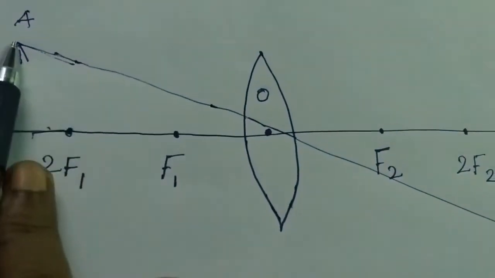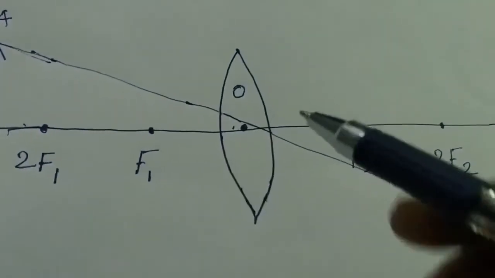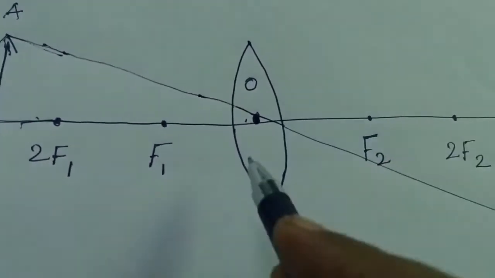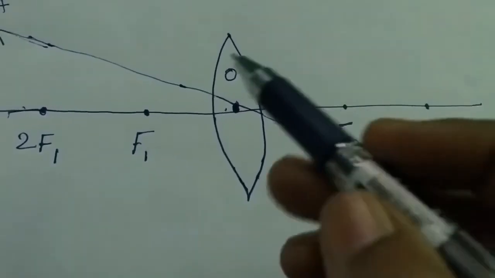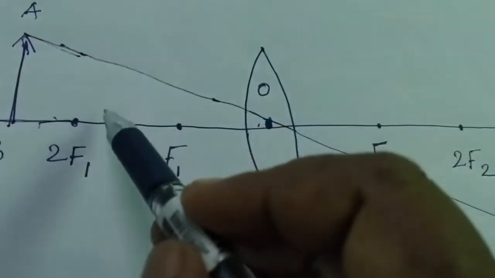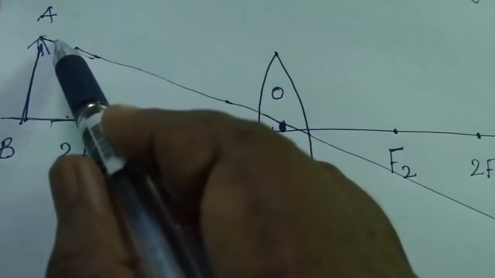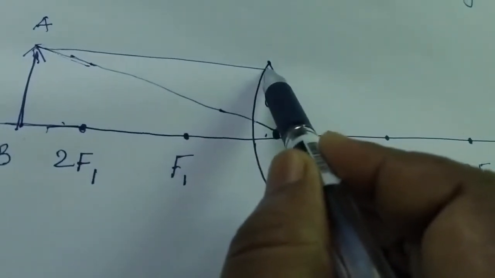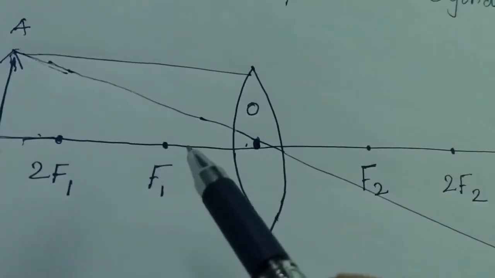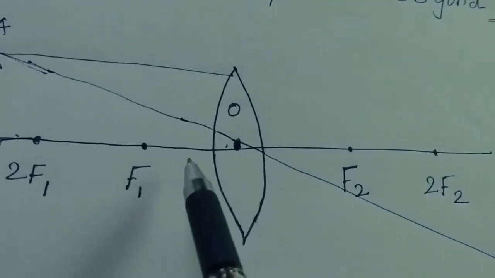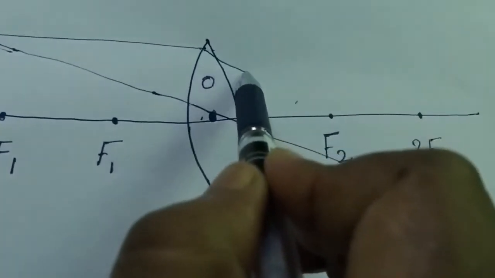What is the first rule? When a ray of light strikes the convex lens at its optic center O, it continues to follow its path without any deviation. And then the second rule. What is the second rule? When a ray parallel to the principal axis strikes the convex lens, the refracted ray converges at the principal focus.